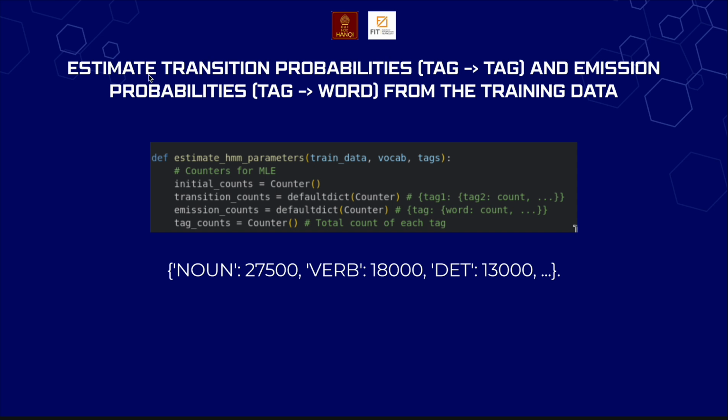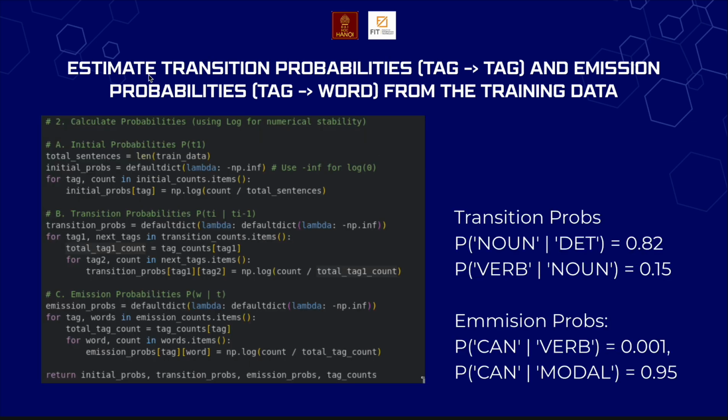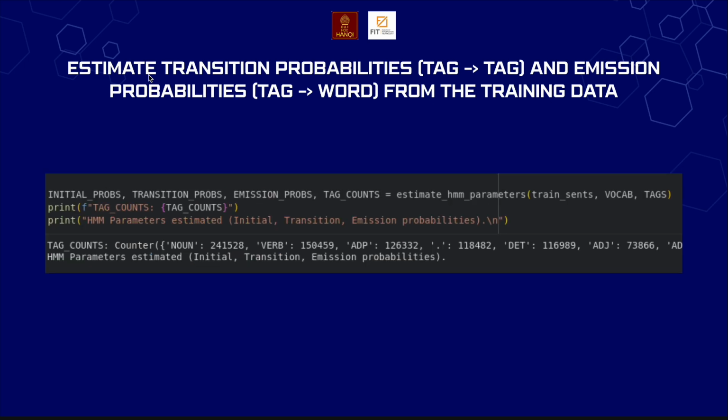It's just sample data. Here is the function signature for estimate HMM parameters, and in the function we have the transition prob and emission prob, and I will just put the sample data here, and here is the result of the code.